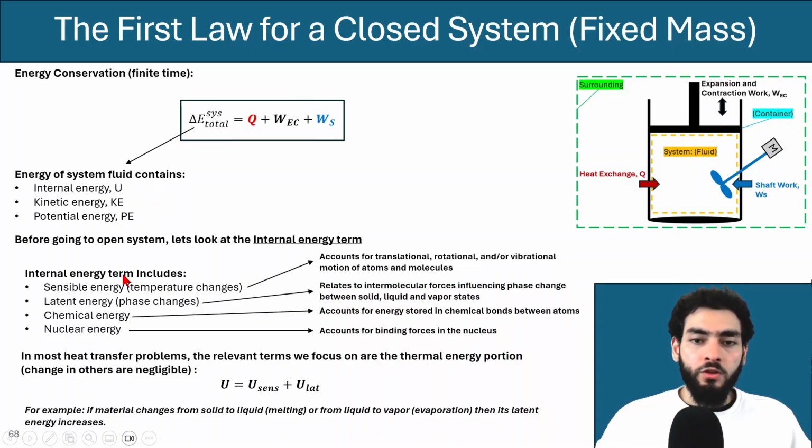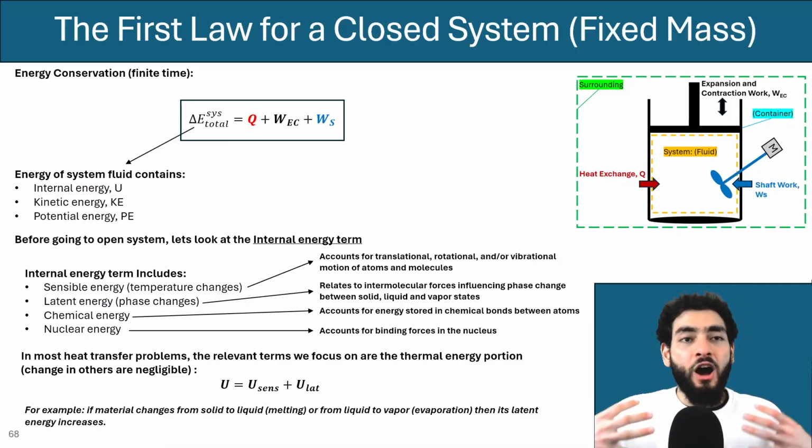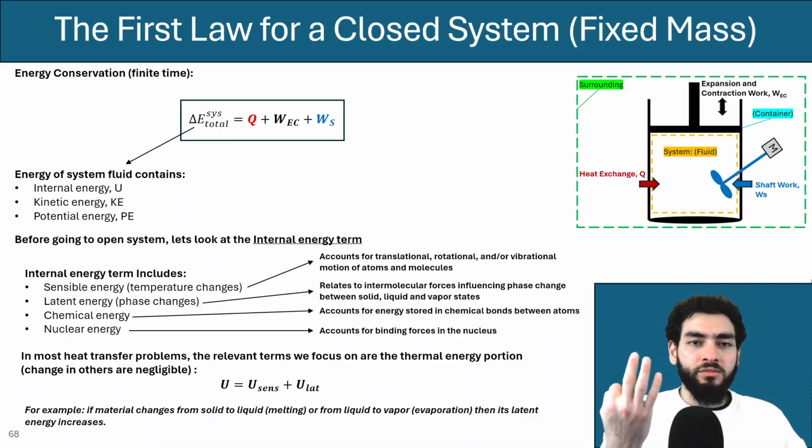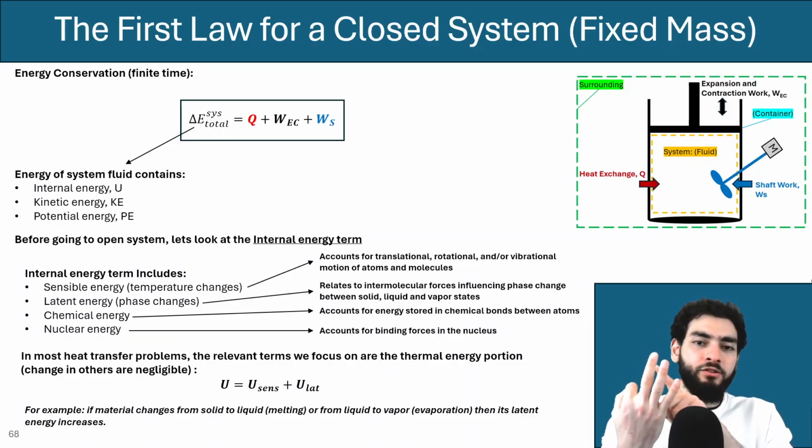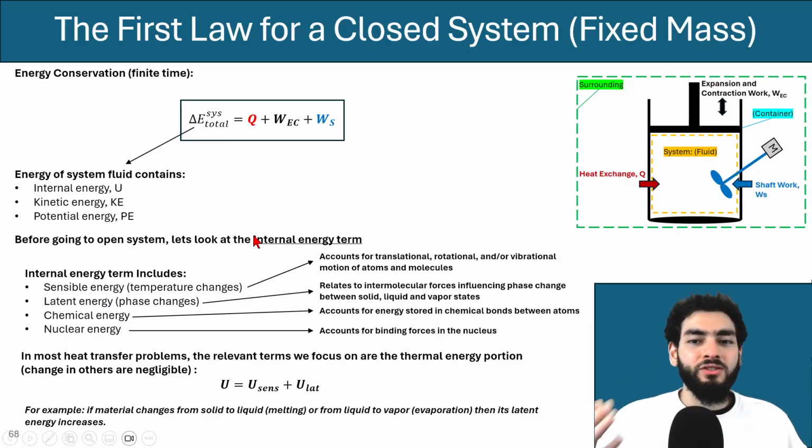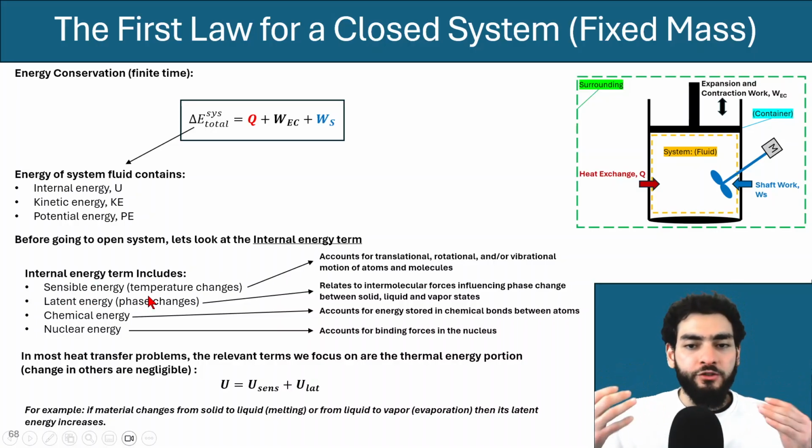Okay, before going to open systems, let's look at the internal energy term here. As we said, we can describe the energy of a fluid by three terms: its internal energy, its kinetic energy, and its potential energy. Let's understand what the internal energy term really is. The internal energy term includes sensible energy, so the temperature changes.